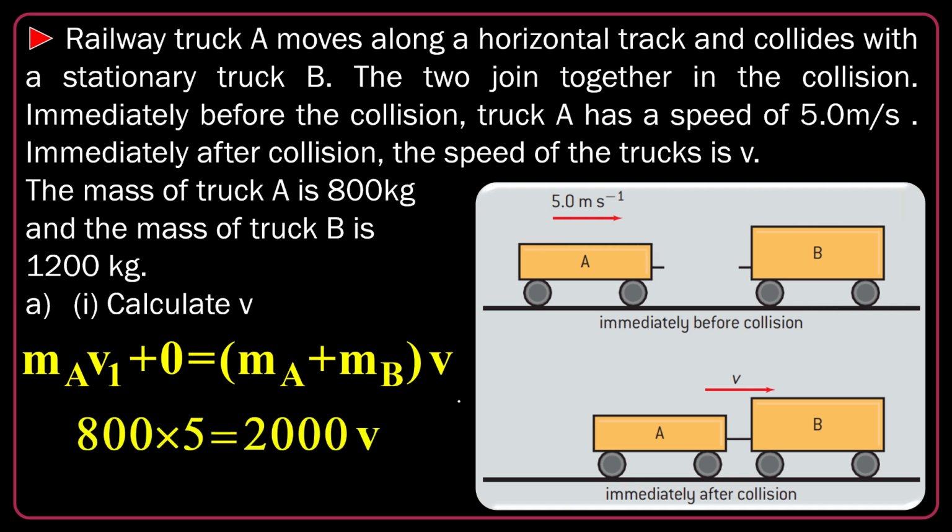Here I just plug in the values. 800 is the mass of A, 5 is the speed of A given, 2,000 is the total mass, which is 800 plus 1,200. And V is going to be 2 meters per second. This is the common velocity of the system after the collision.